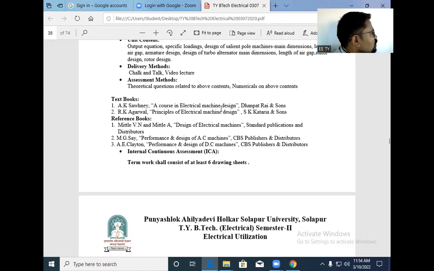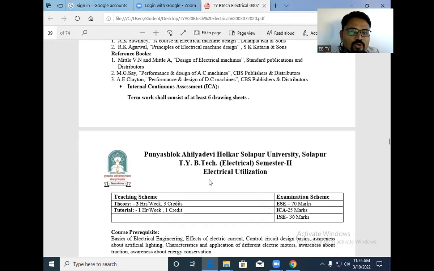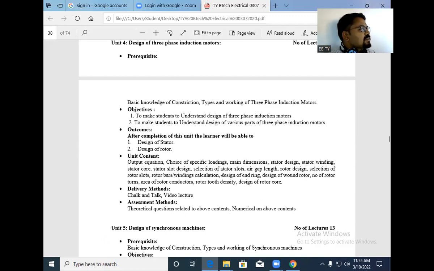Whenever we sit for the practical, we will sit on one bench each. There are plenty of benches, the back is completely empty. If anyone wants to show their drawing in a good way, they may bring a drafter, but do not come here with a drafter and disturb others' study. All arrangements for the bench are already here, so there is no need of a drafter; only bring the roller, that is enough for drawing. Okay, so this is for our subject, that is the electrical machine design.